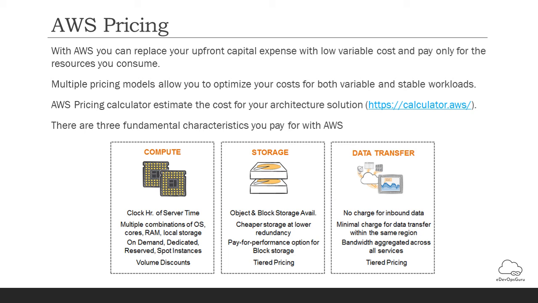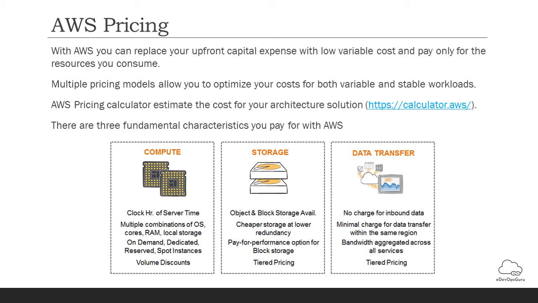Then how much RAM you require, how much local storage you want, and whether this compute node is on demand, dedicated, reserved, or a spot instance. All these factors are considered while calculating the price for compute.